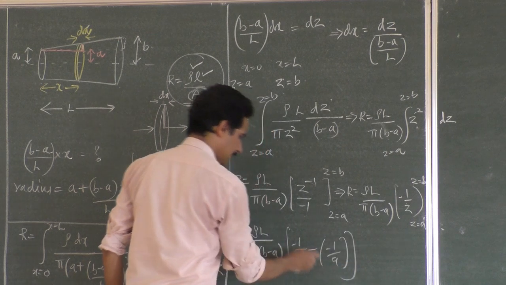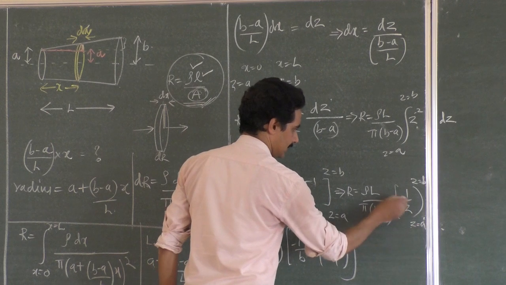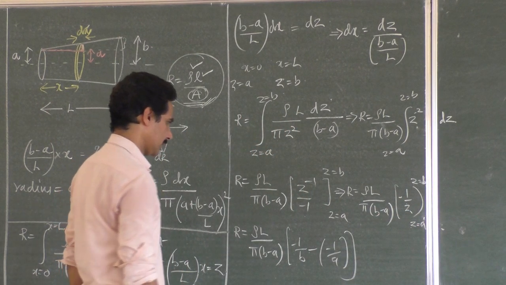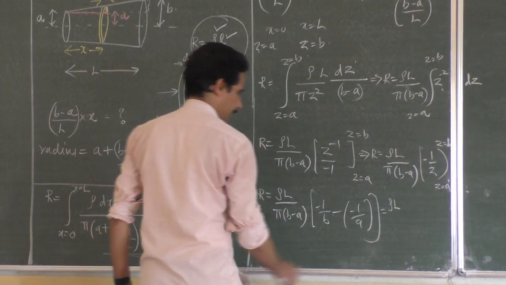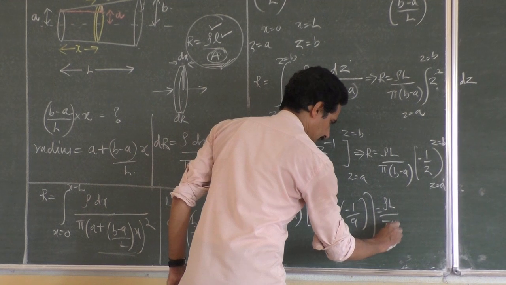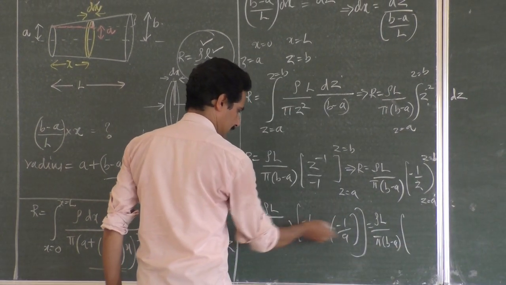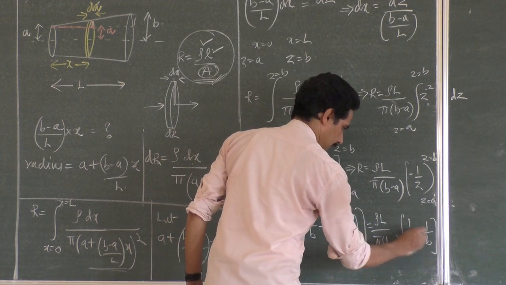So this is minus upper limit minus lower limit, but the lower limit is a, and this itself is minus 1 by z, so minus 1 by a. So what will be this answer? Rho L by pi into b minus a, into 1 by a minus 1 by b.